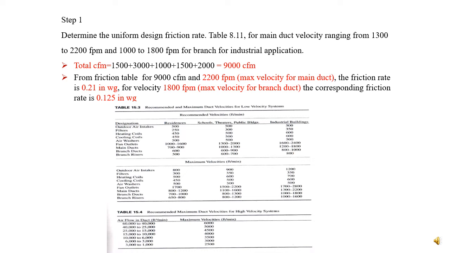And for industrial buildings, for the main duct, the minimum velocity is 1,800, and the corresponding friction rate, if you check with the duct calculator, is 0.125 inch water gauge.